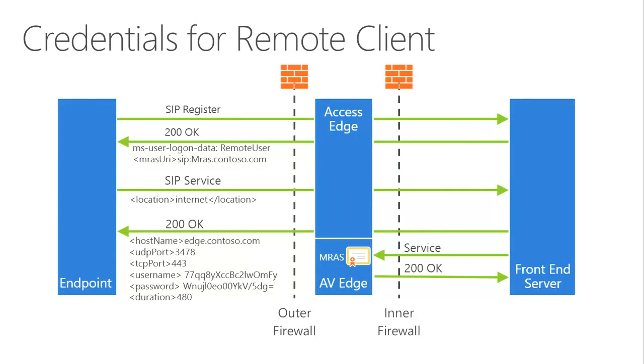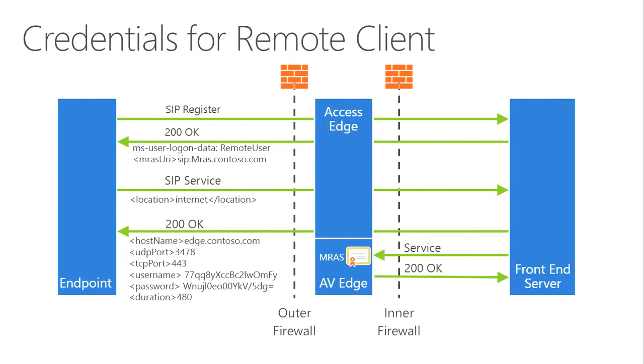So in this case, it's the UDP port 3478, the TCP port 443. I get a username and password. That's my token that I will need to authenticate against the AV edge server every time I use it. And there's a duration. It's 480, that's minutes. So this will be valid for 8 hours.